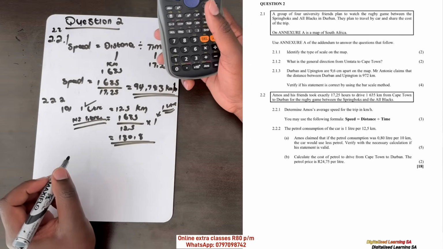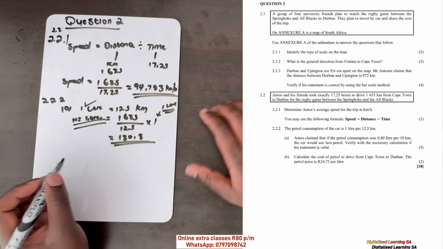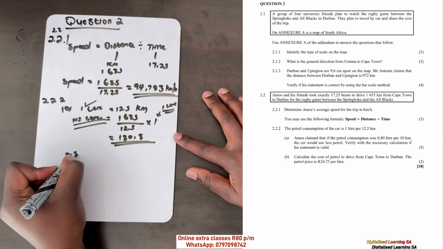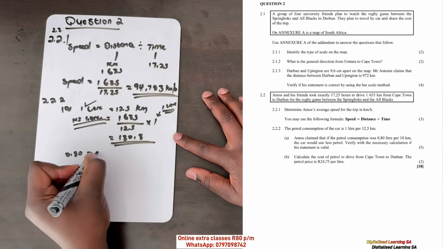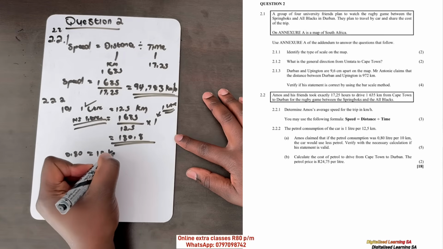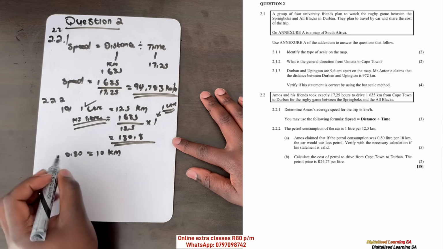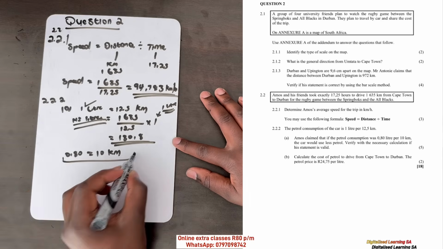Now we are told that Amos claims that 0.8 liters goes 10 kilometers. So now let's do the same but using what Amos said.